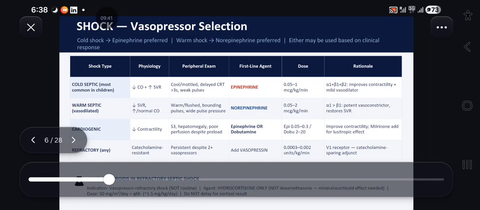In case vasopressin also does not give the desired response, I will shift to corticosteroid. The only corticosteroid approved for use in refractory septic shock is hydrocortisone. I will not use dexamethasone or prednisolone or whatever. Only hydrocortisone is the approved agent for catecholamine resistant, refractory septic shock.